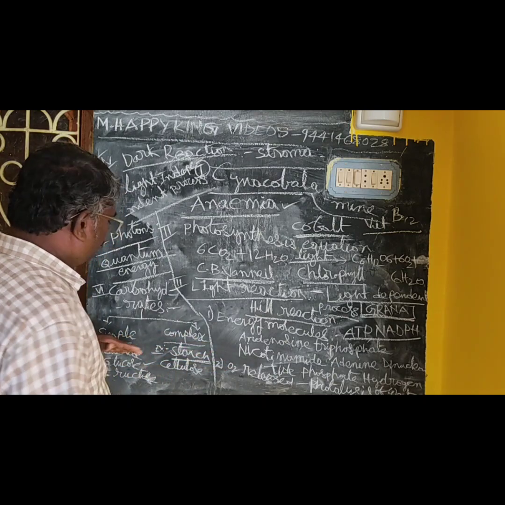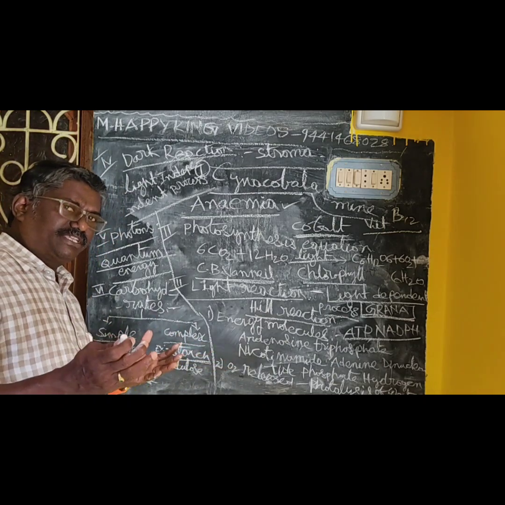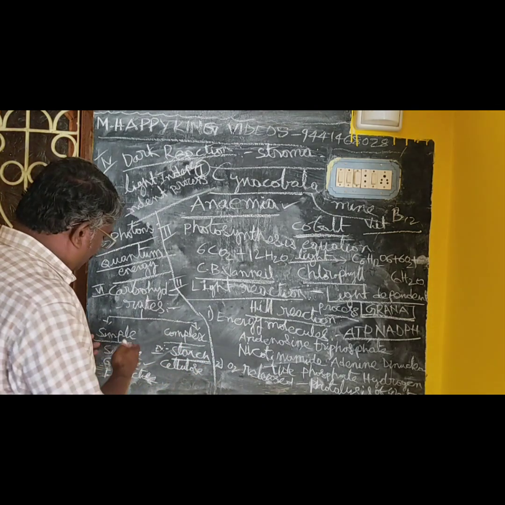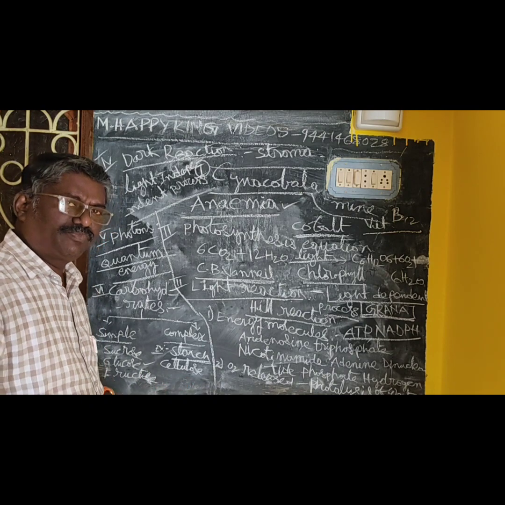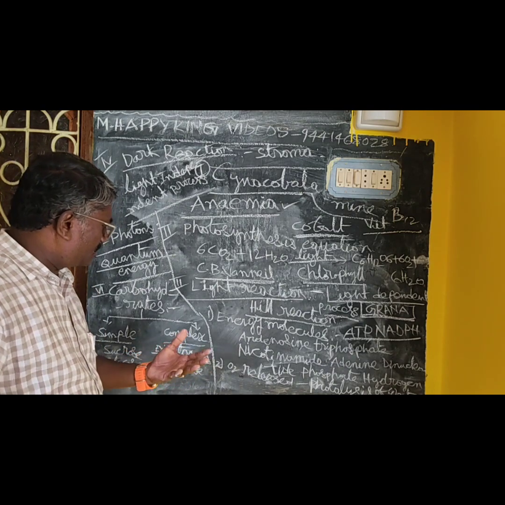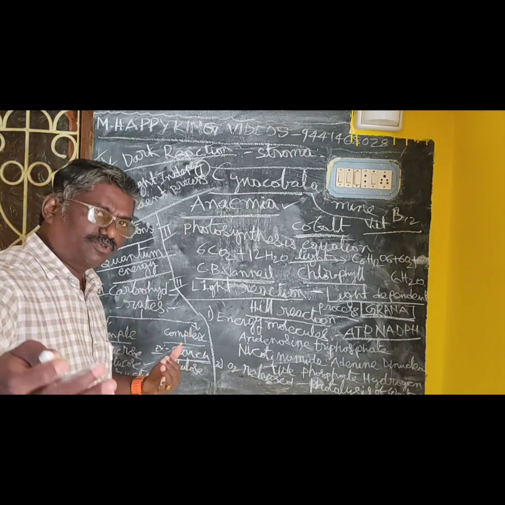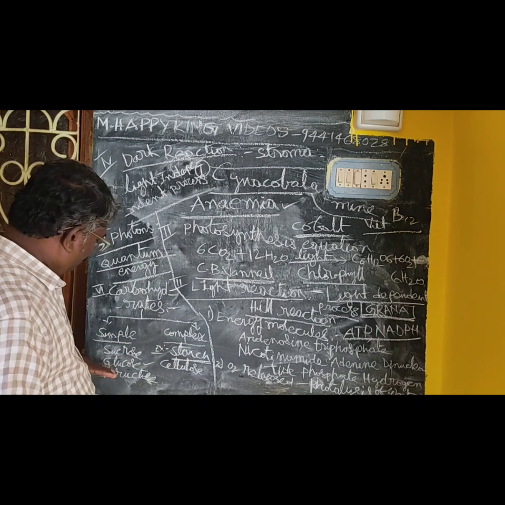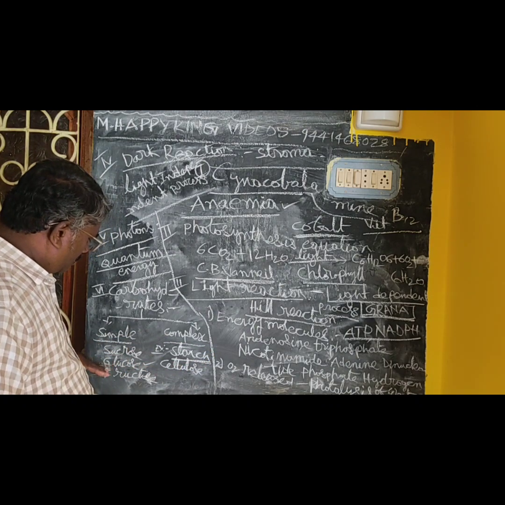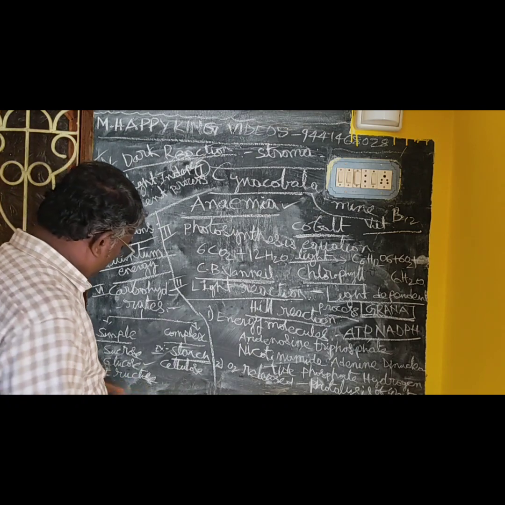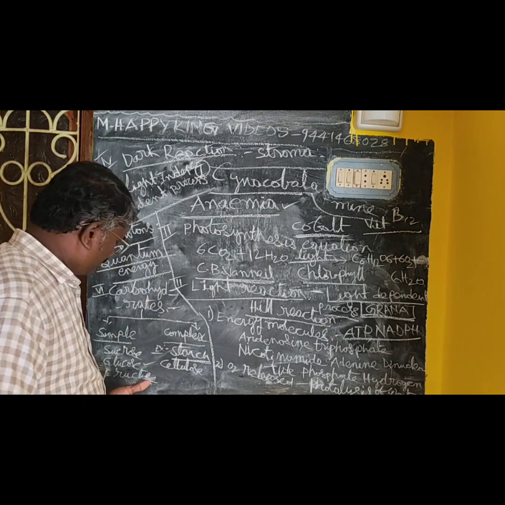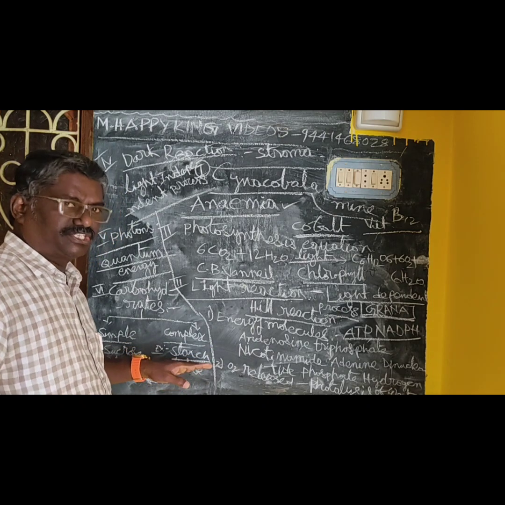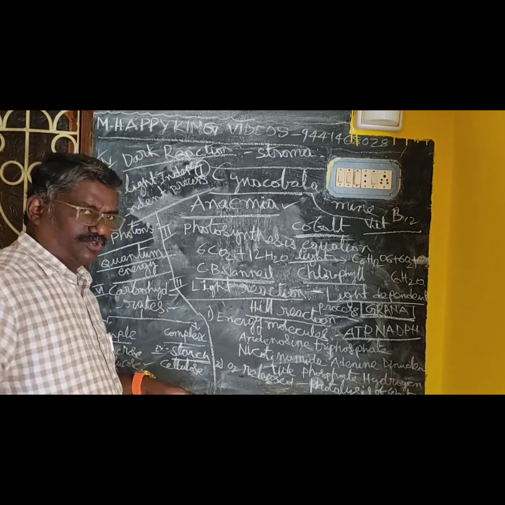Carbohydrates are of two types, simple and complex. The difference: simple carbohydrates contain one or two sugar molecules, while complex carbohydrates contain a series of sugar molecules. Examples for simple carbohydrates: sucrose, glucose, fructose, dextrose, etc. Complex carbohydrates are starch, the main one, and cellulose.